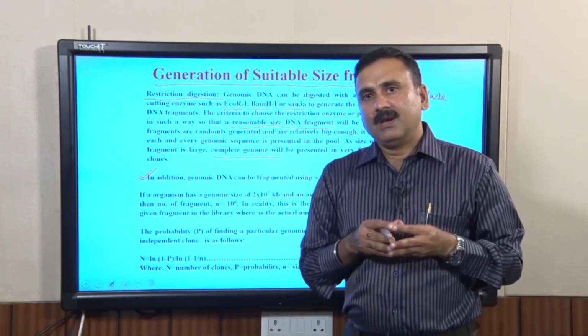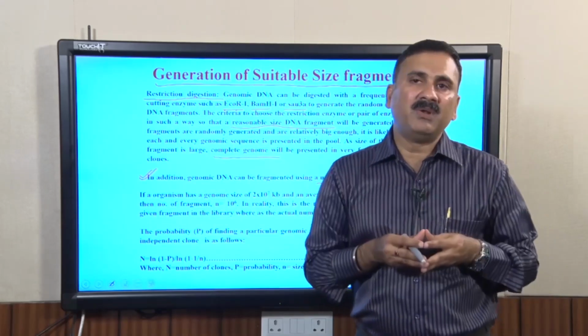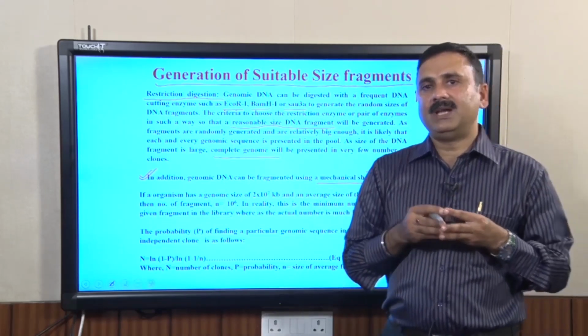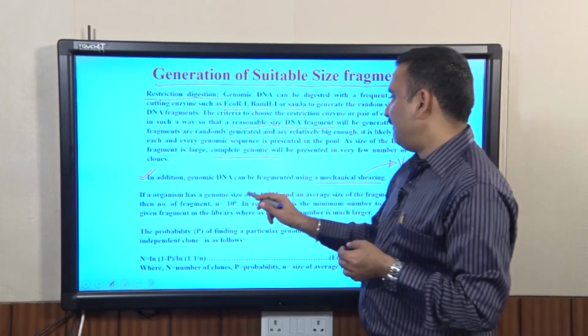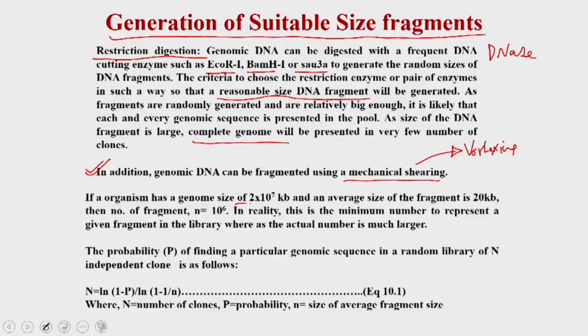Now, as I said, you have to generate a minimum number of fragments so that they will represent a particular genome. For example, if you are working with an organism which has a genome size of 2 into 10 to the power 7 kb, and the average size of the fragment you are putting in is 20 kb, the number of fragments you are going to generate is 10 to the power 6.